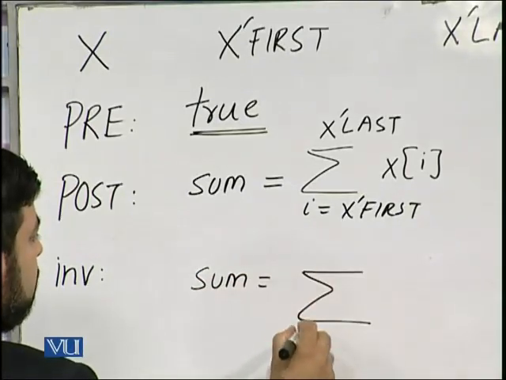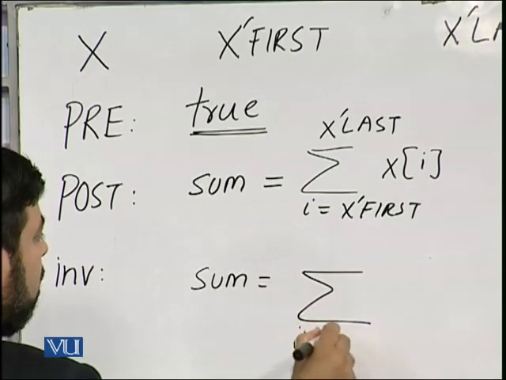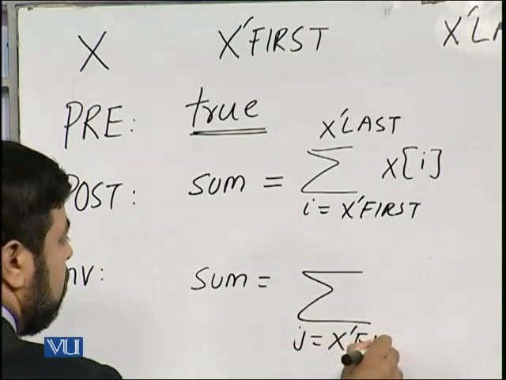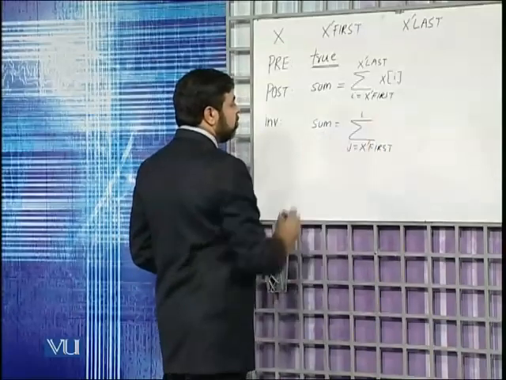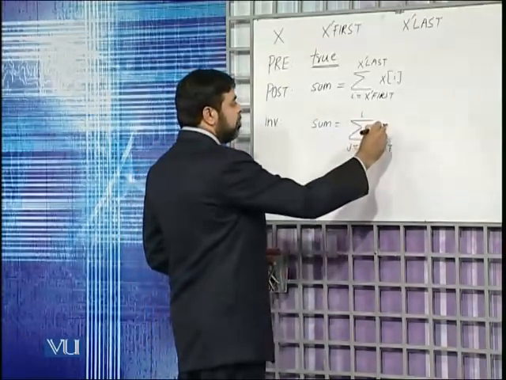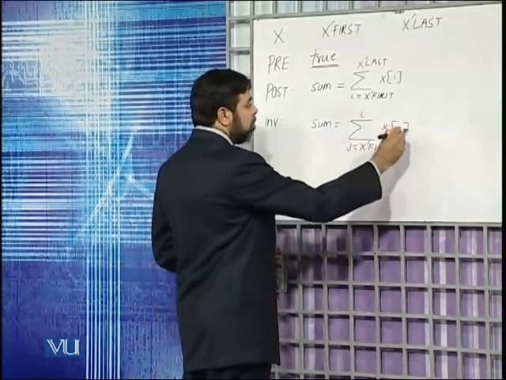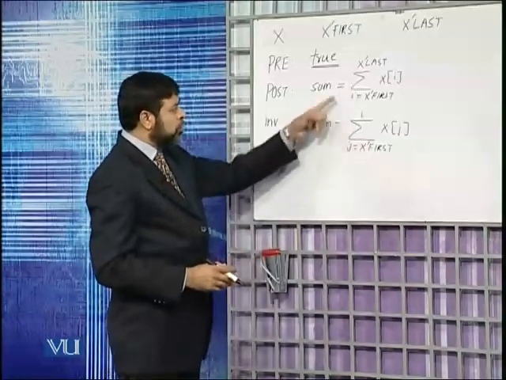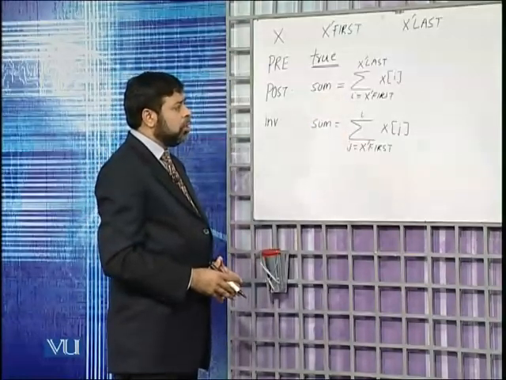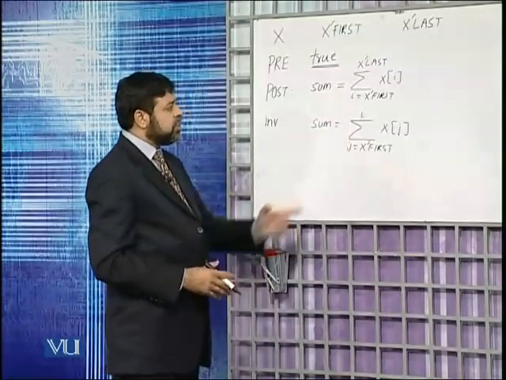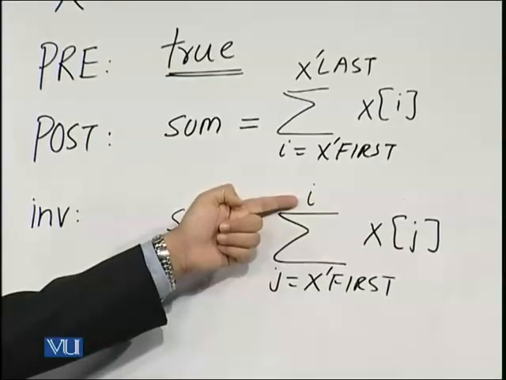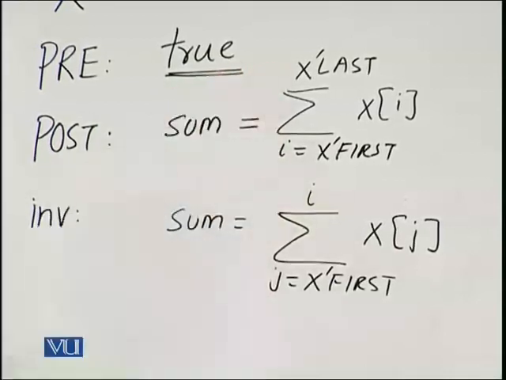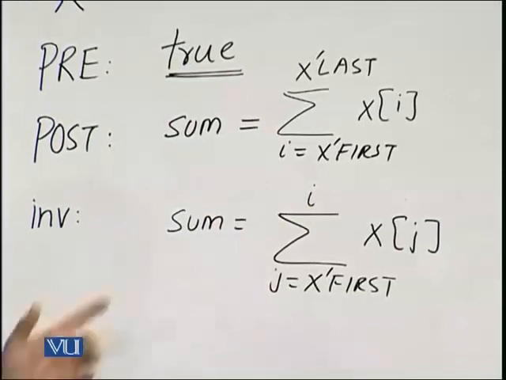Sigma j goes from x first to our i, and we have this condition. So see, the two conditions, they are almost exactly identical, except that in this particular case we stop at the ith index, and here we complete the entire array. So these are the only differences in this particular case.